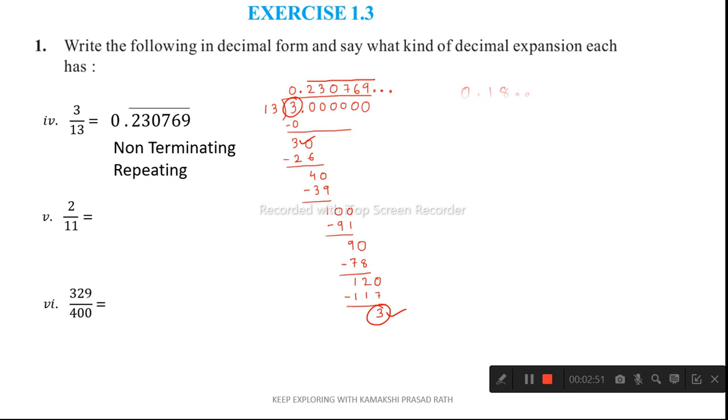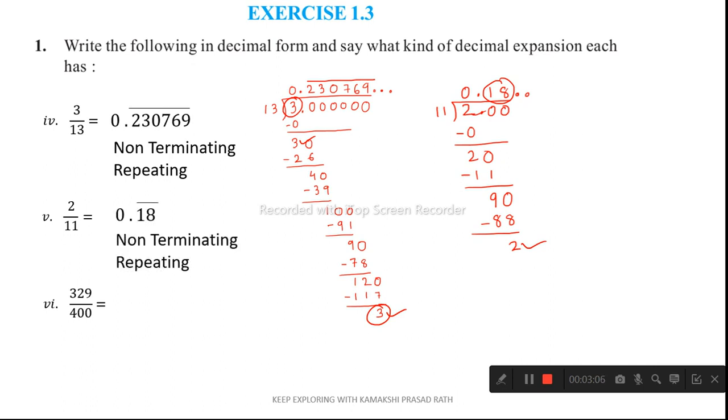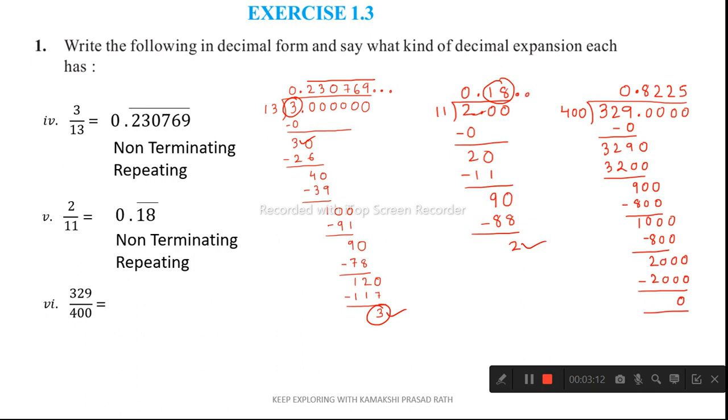The next question, 2 by 11. In the same way, you can see the remainder 2 again repeats itself, so the digits 1 and 8 will keep on repeating. So we get 0.18 with a bar. So this is also a non-terminating repeating decimal expansion. The next question, 329 by 400.